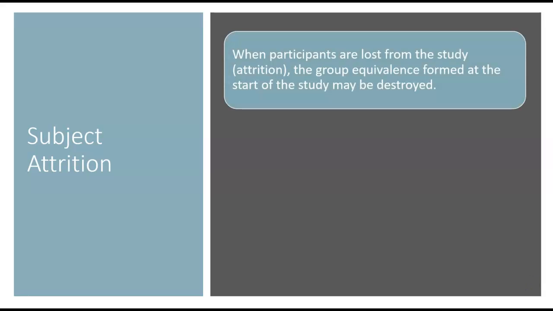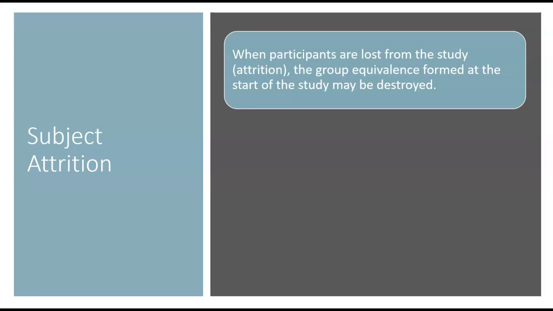Basically, when we lose participants over time, over the course of a study, we may lose some of the qualities of equivalency across different groups that we had at the outset. So in natural environments, let's say you're in a workplace and you want to test the effectiveness of a program, you may randomly assign participants to groups, or even without the random assignment, you may select some people to participate.